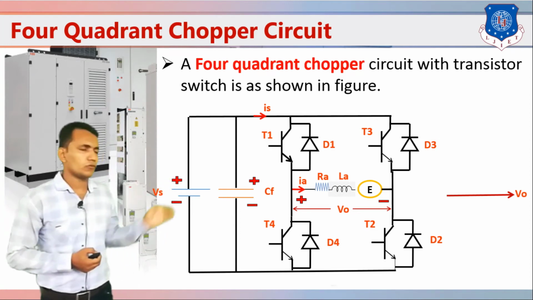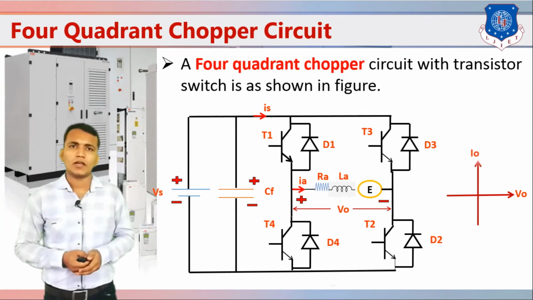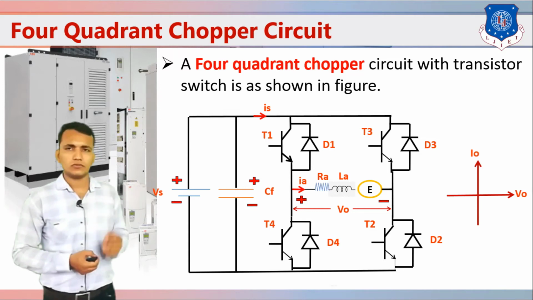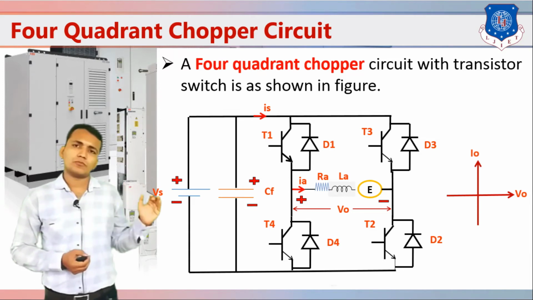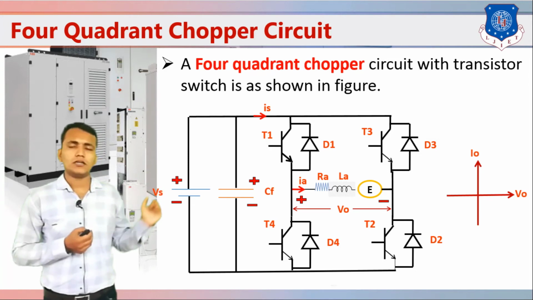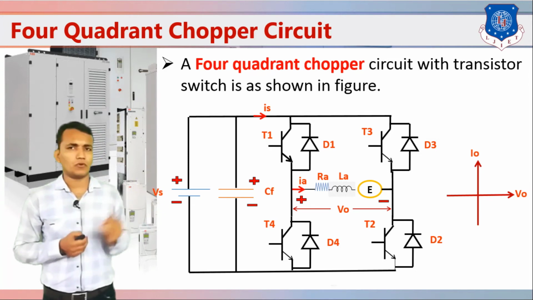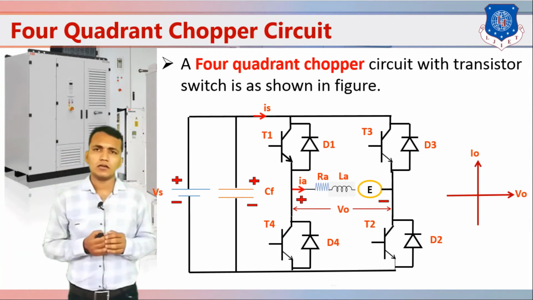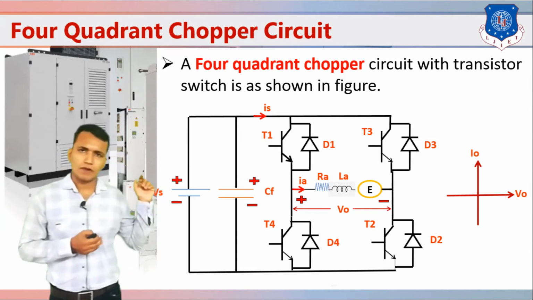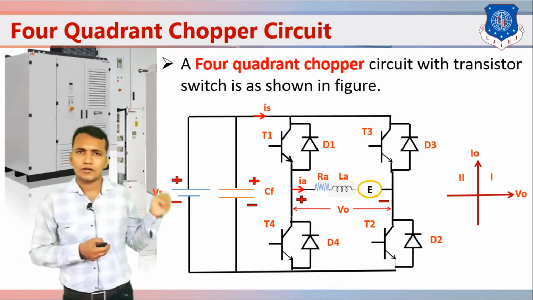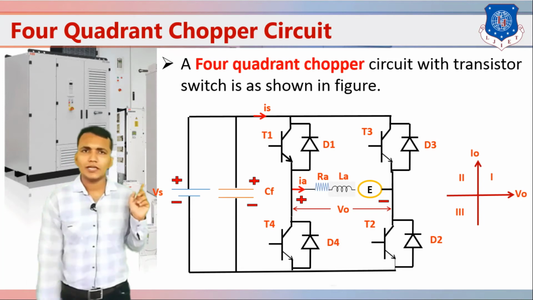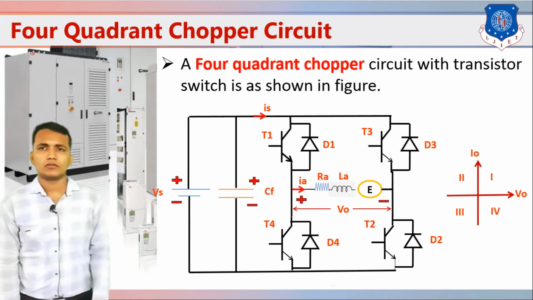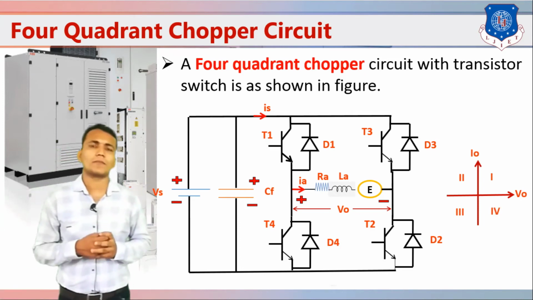So here we take the voltage axis V0 and the current axis I0. We can say that output voltage and output current can work in every one of the 4 quadrants: quadrant 1, quadrant 2, quadrant 3, and then quadrant 4. So that is our 4-quadrant chopper circuit.